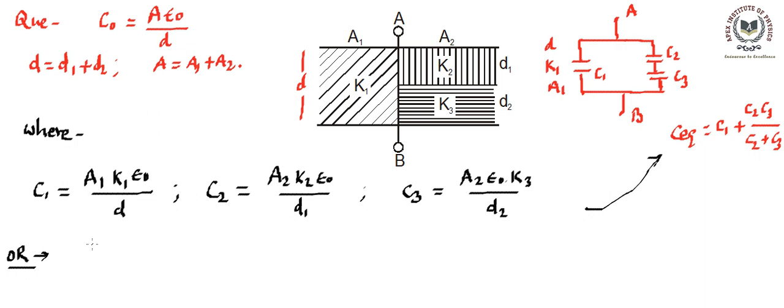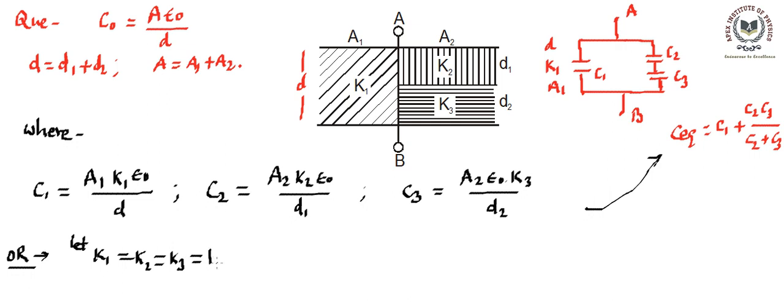So if K1, K2, K3 terms have been used, we take their values by assumption. The first assumption: let's say K1 equals K2 equals K3, which means this entire dielectric becomes a single dielectric, and let's consider it to be 1.